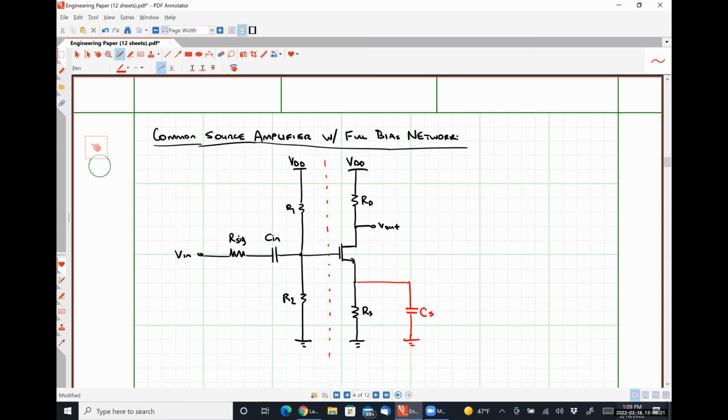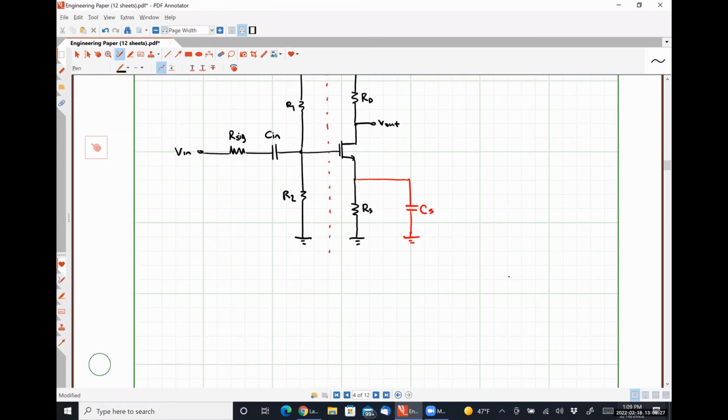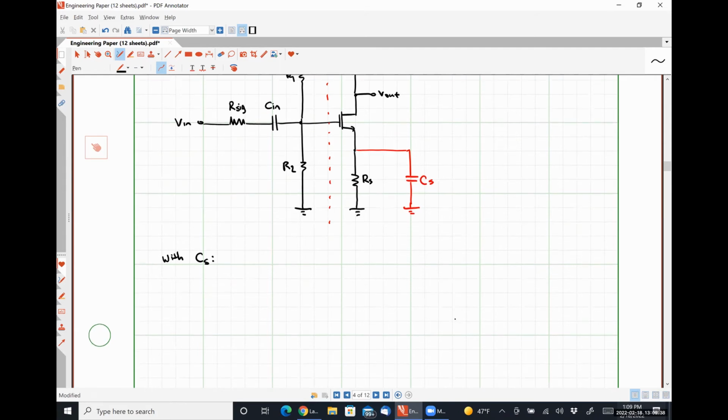So with a CS capacitor included, a simplified representation of this circuit would be this.